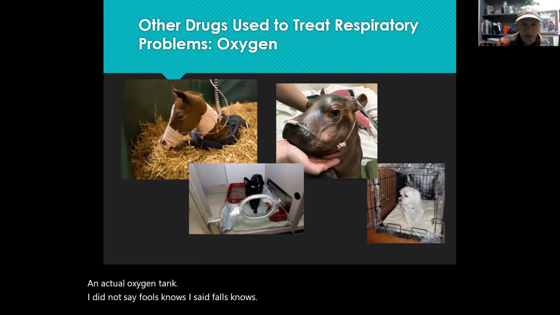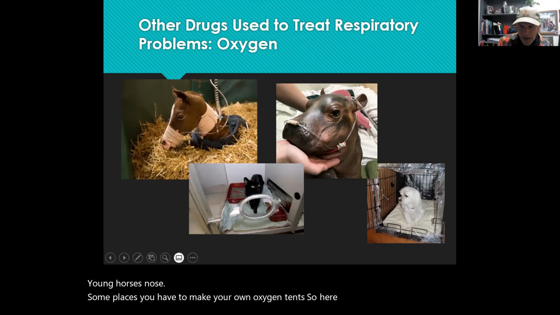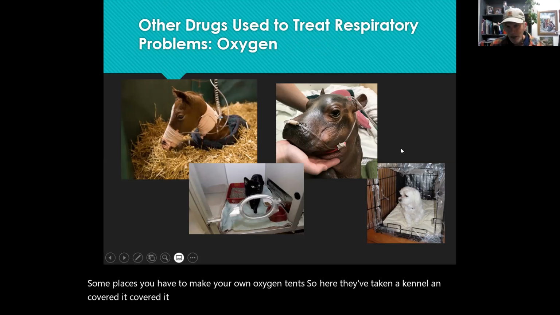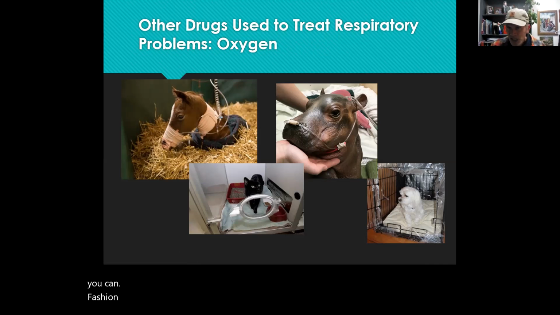Okay, young horse's nose. Some places you have to make your own oxygen tent. So here they've taken a kennel and covered it in plastic wrap, and then they are going to run an oxygen tube in there. So you can fashion your own oxygen cage or tent if you need to.